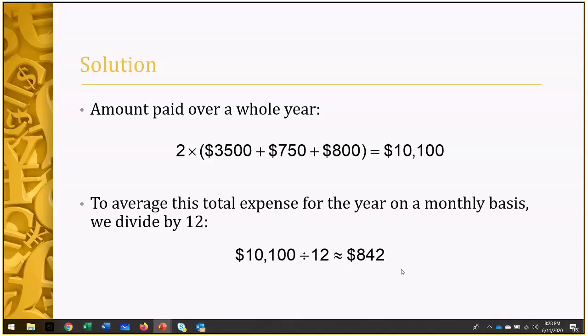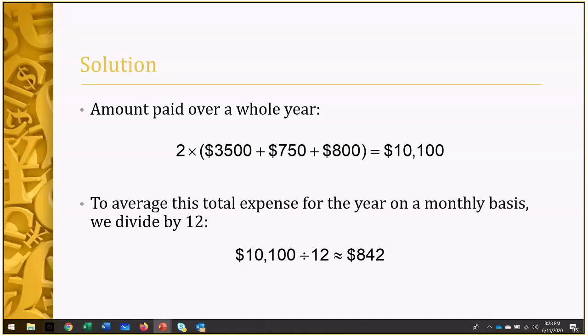lot. A faster way, but a little bit more confusing at first, would have been to add these all up and just divide by 6. Does anybody know why it would just be 6? If you pay something twice a year, you pay it every 6 months.